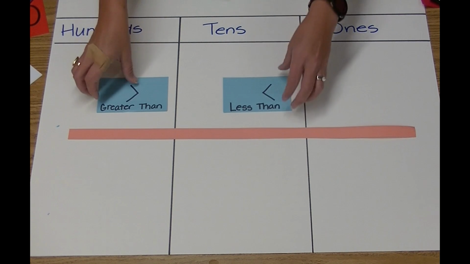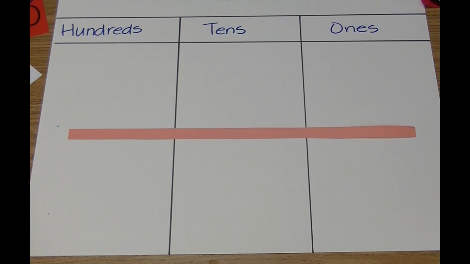One way to compare numbers is to look at the digits in the greatest place value. So let's go ahead and build a couple of numbers so that we can look at our greatest digit. So let's start with the number 235.